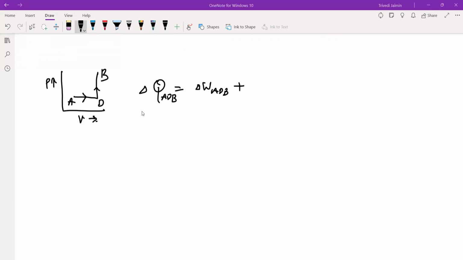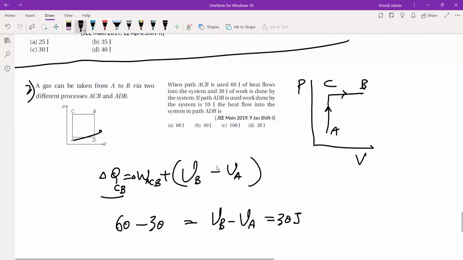Now what will be U? U we already calculated. See here. Delta U, let's write here: UB minus UA. This is already calculated. What is it? 30 plus, what is ADB? 10 joules.